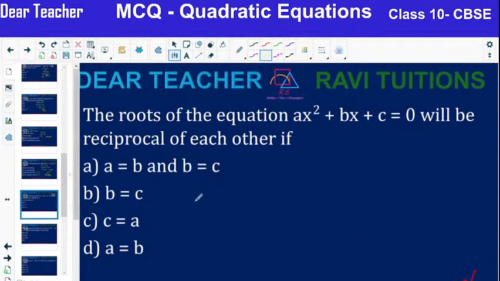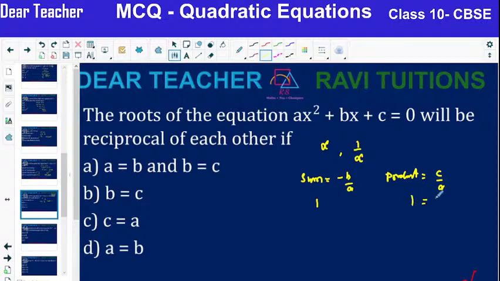So the roots are reciprocals of each other. One root is alpha, another root is 1 by alpha. So the sum is equal to minus b by a, and the product is equal to c by a.